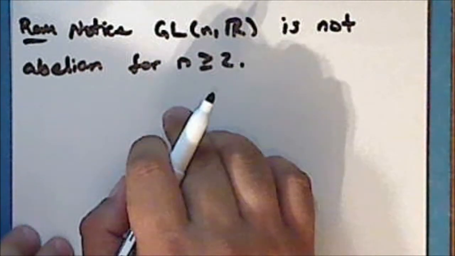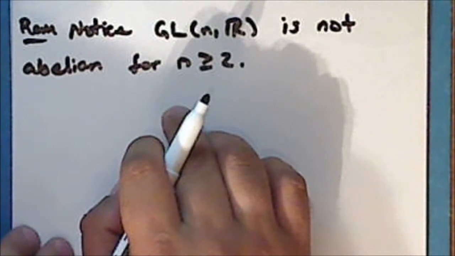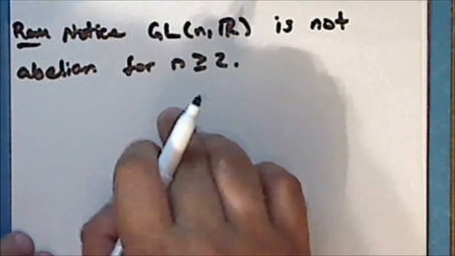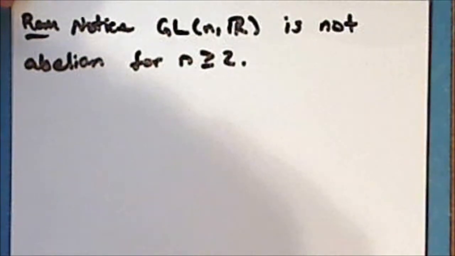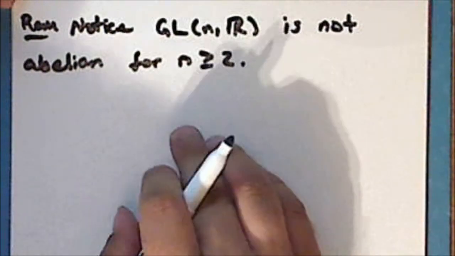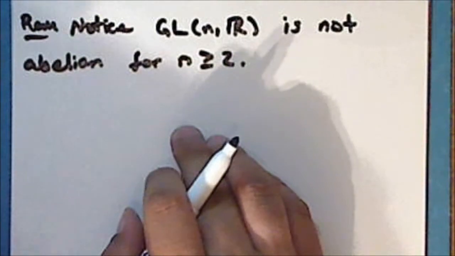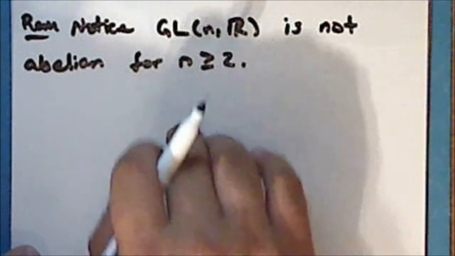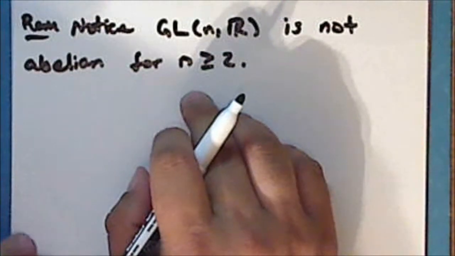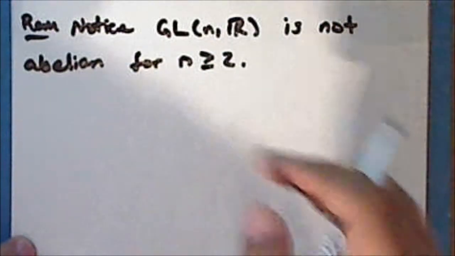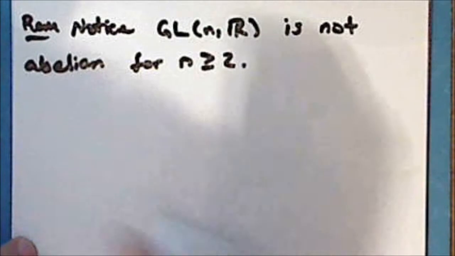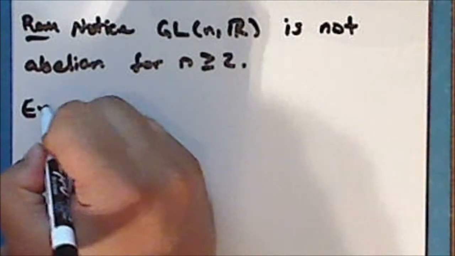This is the set of all non-zero real numbers. And so in the degenerate case, n equals 1, we have the group of non-zero real numbers under normal multiplication. But for n greater than or equal to 2, the general linear group of degree n with real entries is not abelian.